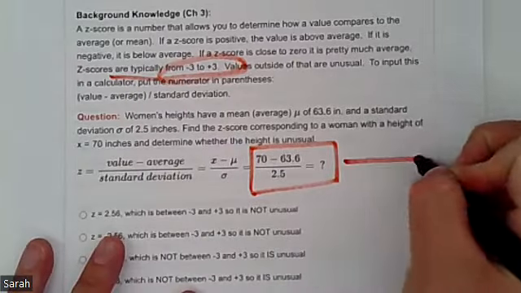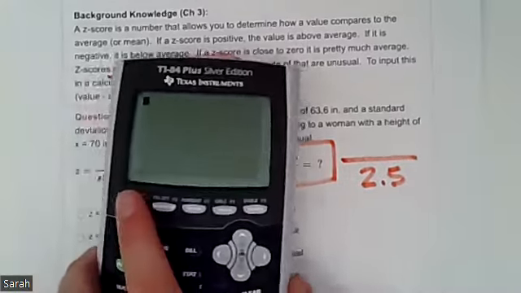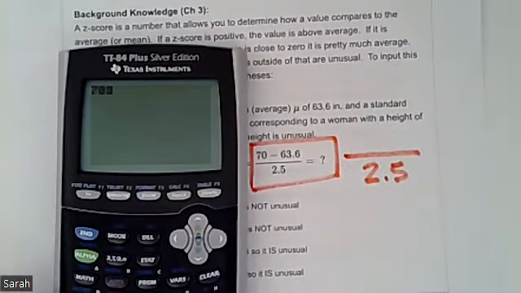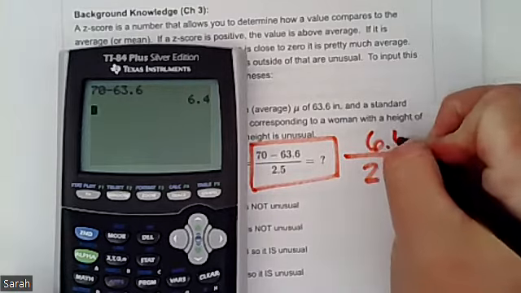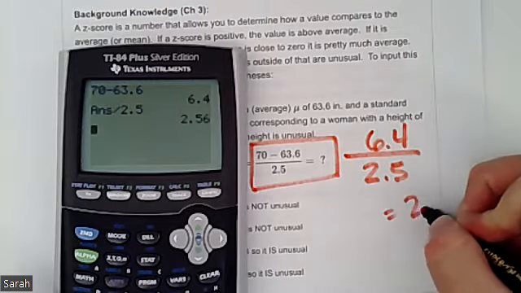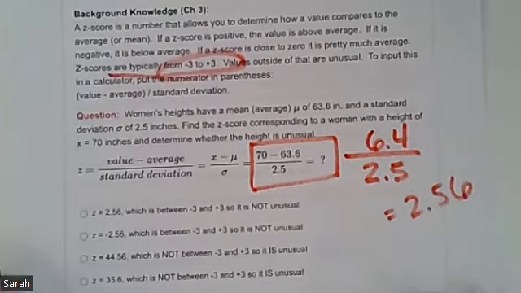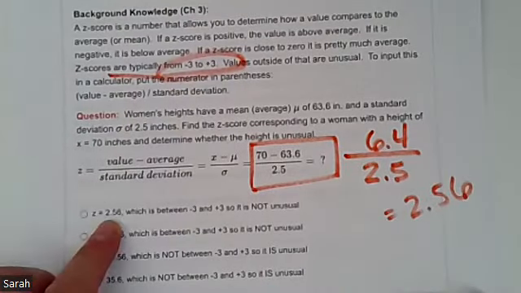So what you want to do is just simplify this. I'm going to start by subtracting the top. I have 70 minus 63.6, so that'll give me 6.4 over 2.5, so I'll divide that by 2.5, and that gives me 2.56.